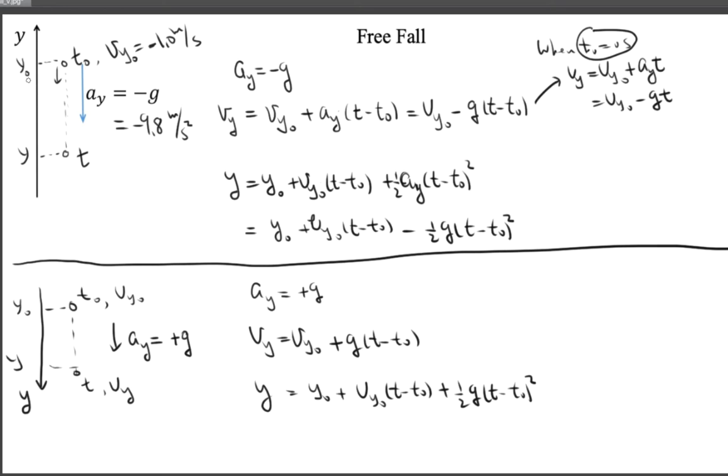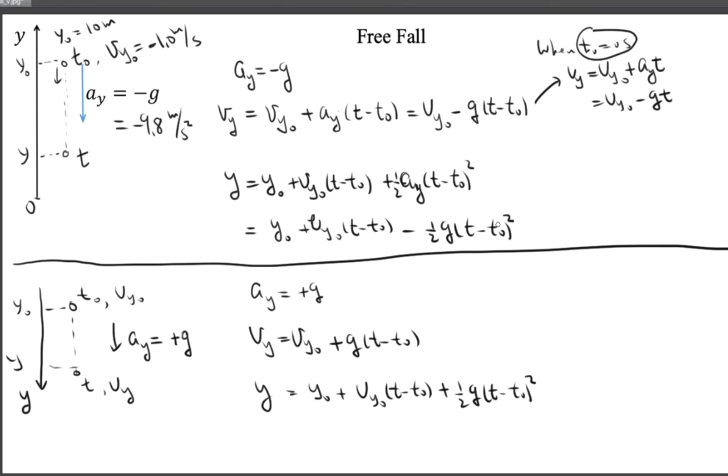Let's also say the object is 10 meters above the origin, so y0 equals 10 meters, positive because it's above the origin.